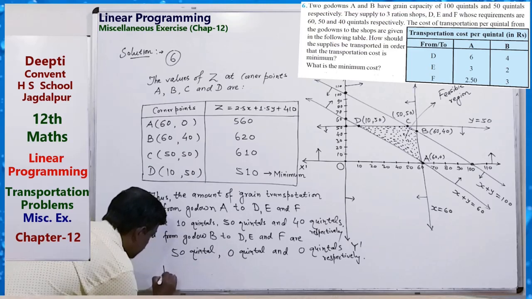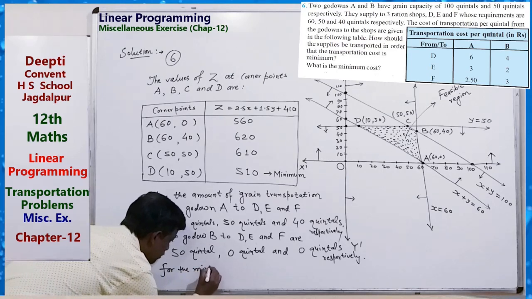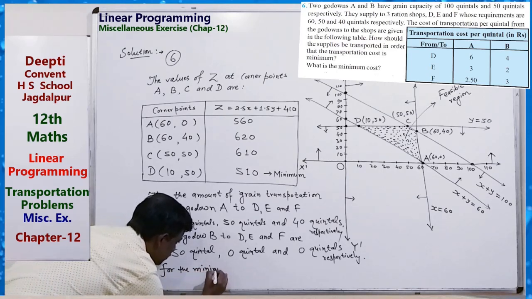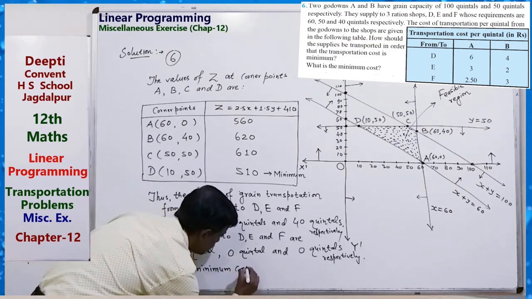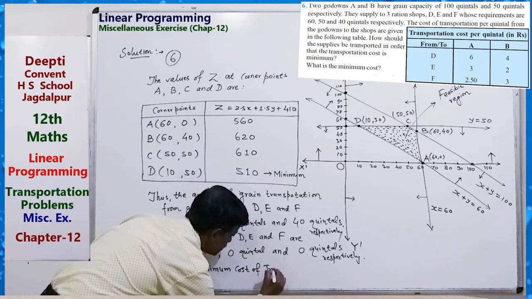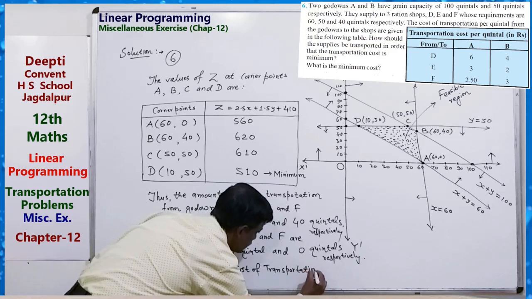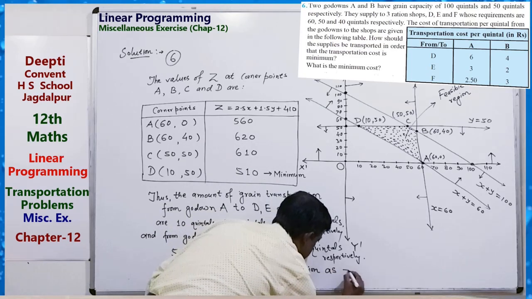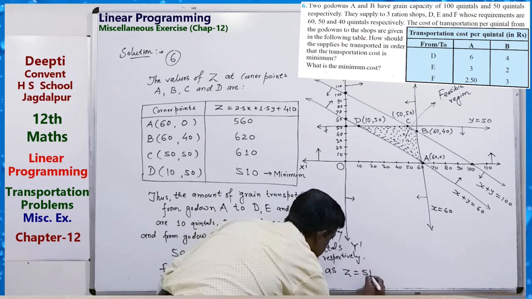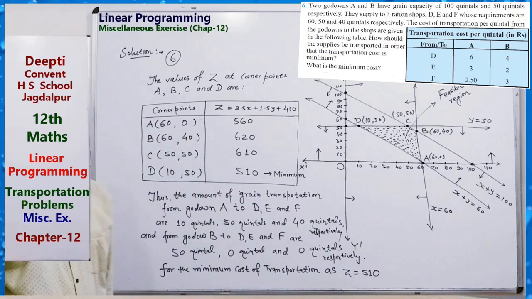So the minimum cost of transportation, as z equals 510 rupees.